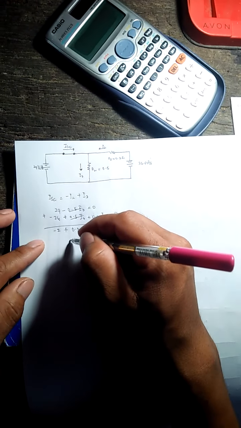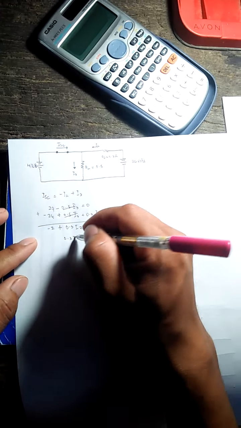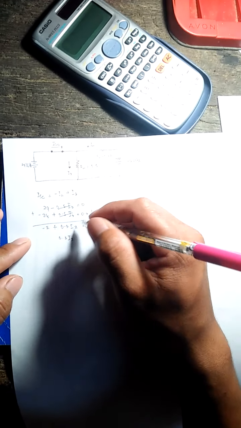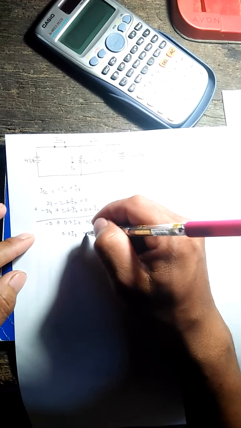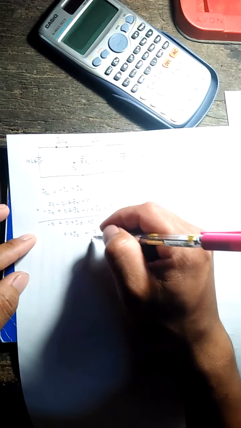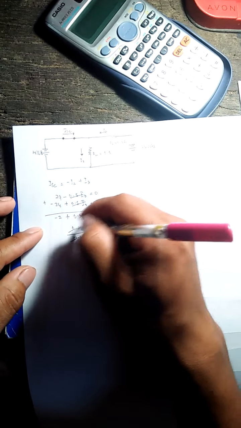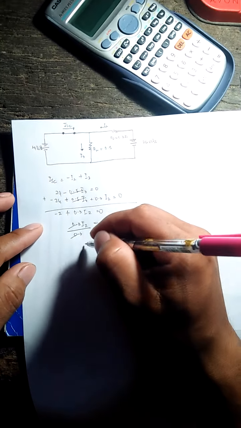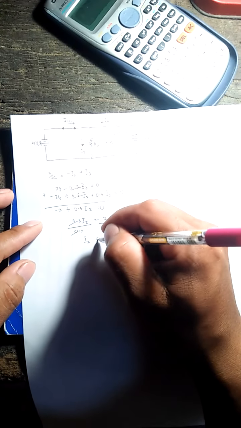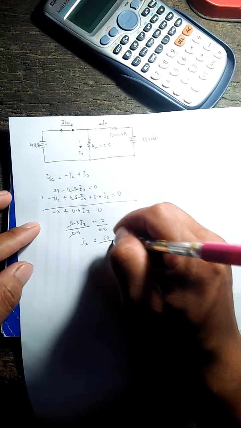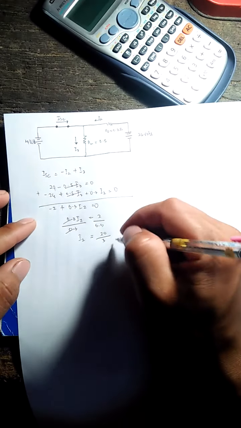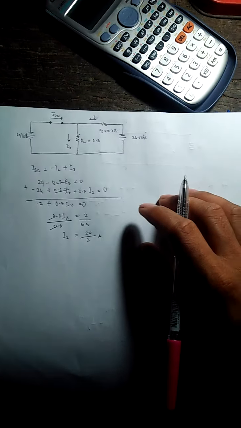Then 0.3 I2 is equal to 0. So solve for I2 again. Divide both sides by 0.3. So I2 is again 20 over 3. This is our new I2.